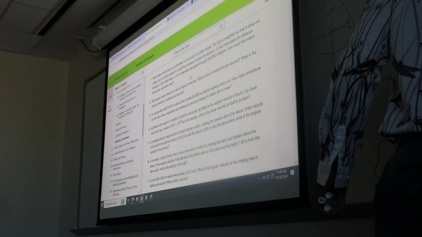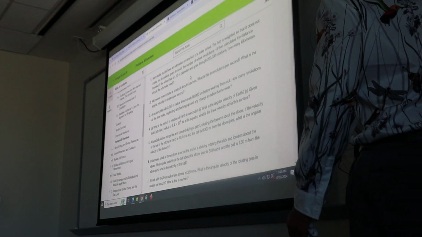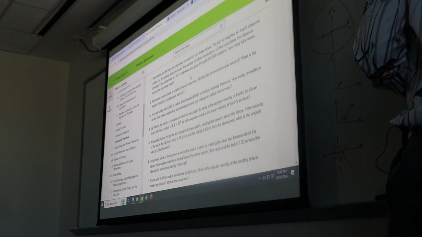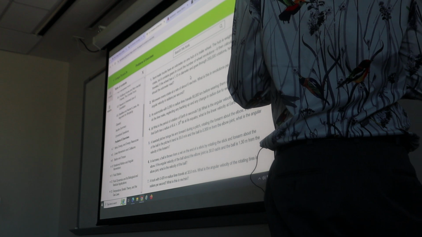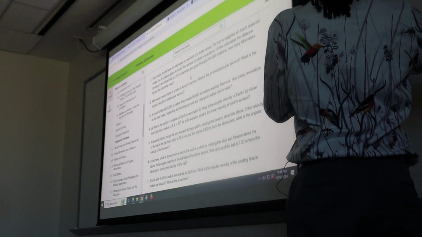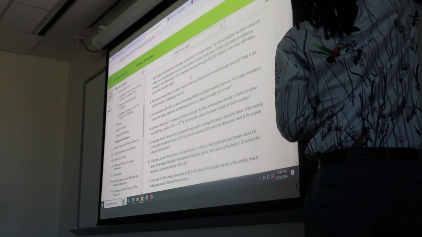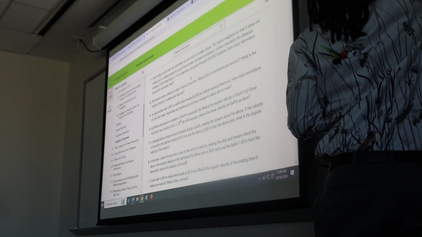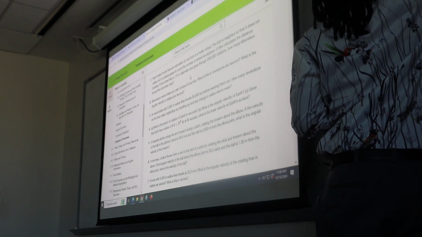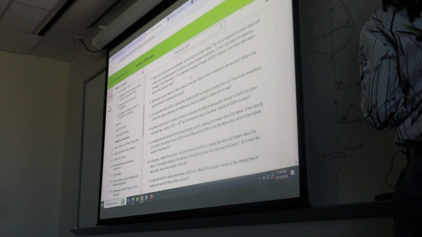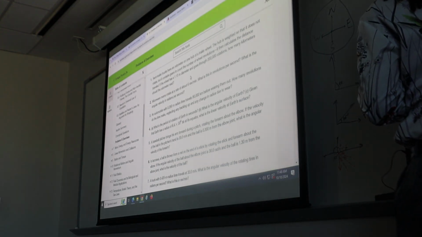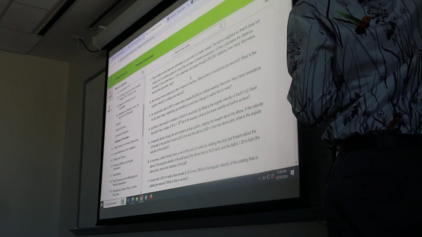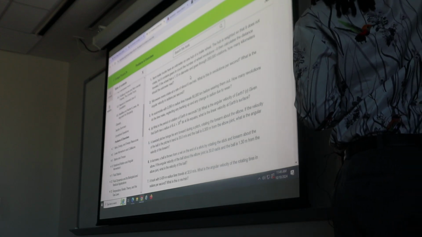So we're looking at a semi-truck. We have an odometer reading, which is our RPMs.